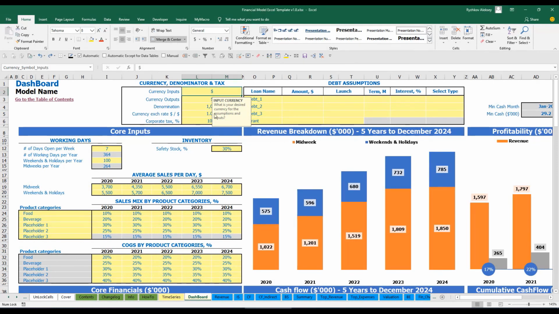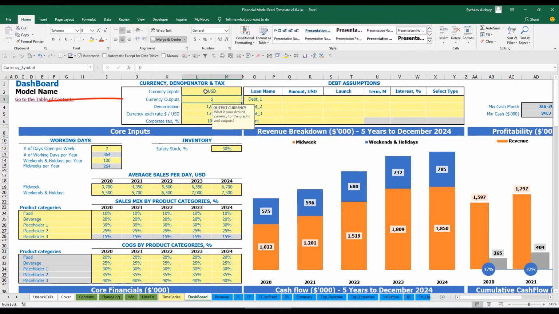On the top of the dashboard you have currency, denomination, and taxes setup. So currency inputs means that you can input all your drivers for the model using one currency. You have currency outputs. It can be the same as currency inputs and it can be different from currency inputs. So let me give an example.